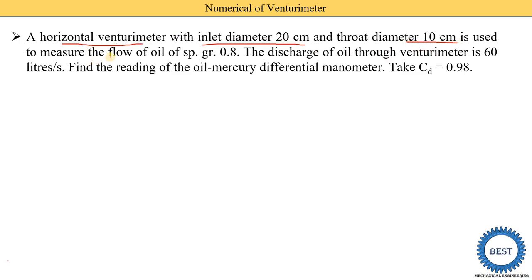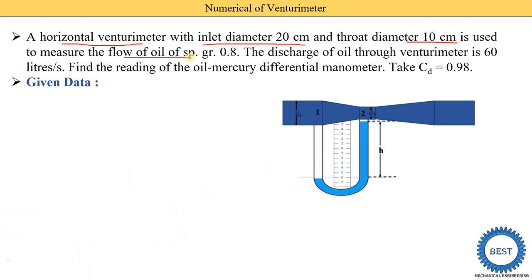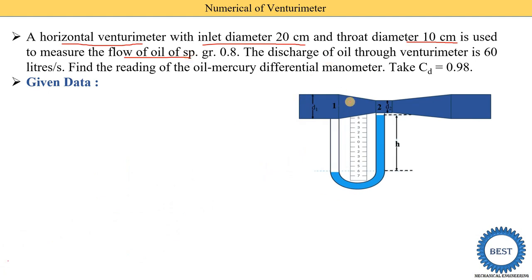And it is used to measure the flow of oil of specific gravity 0.8. Suppose here this Venturimeter is given and the oil is flowing through it, with oil at the inlet of this pipe.